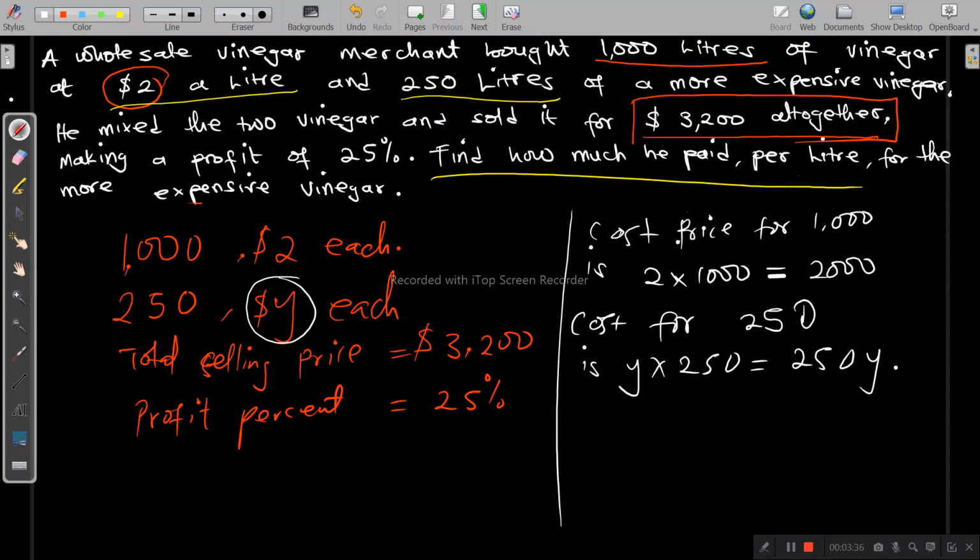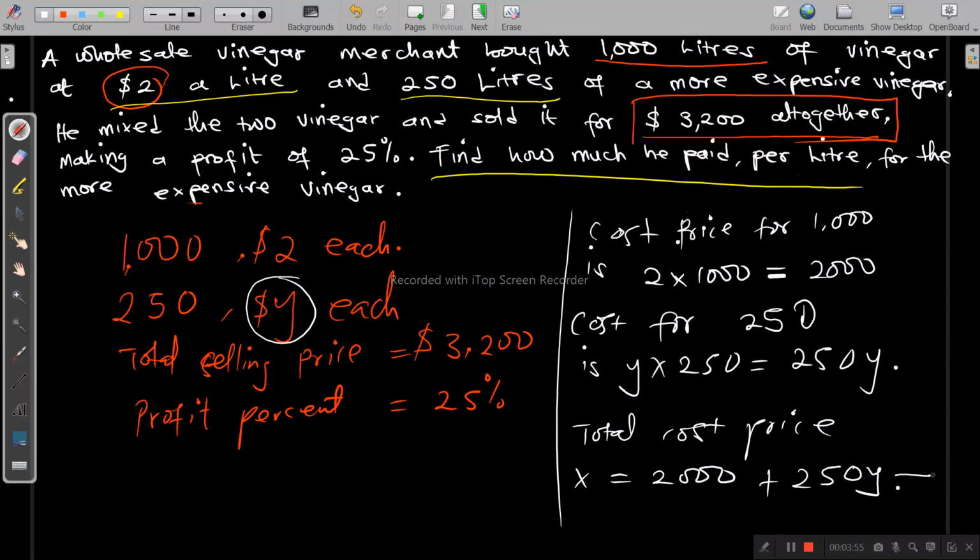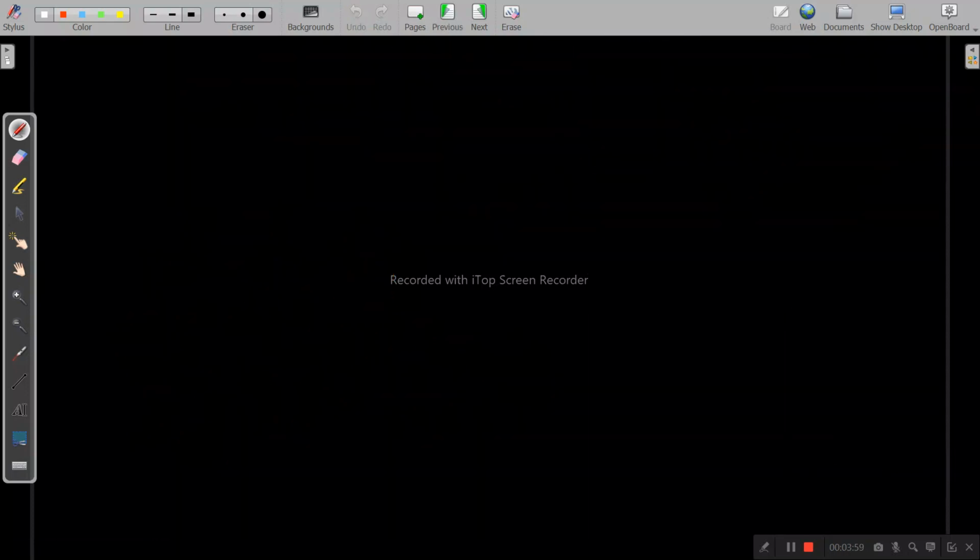So we can say that the total cost price in all is, let's say, x, and is equal to $2,000 plus 250y dollars. So this is our first equation, equation 1. The total cost price is x, and that is equal to 2,000 plus 250y.